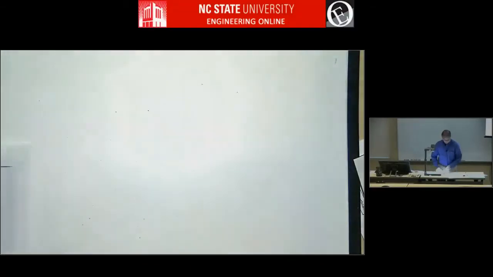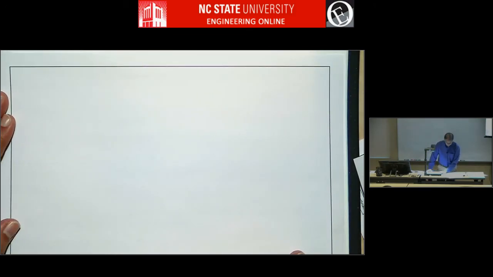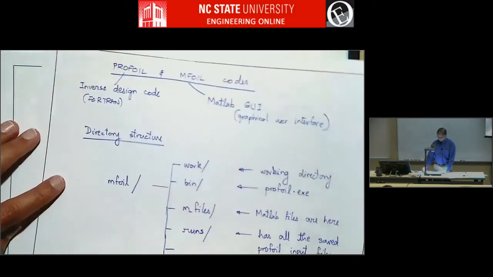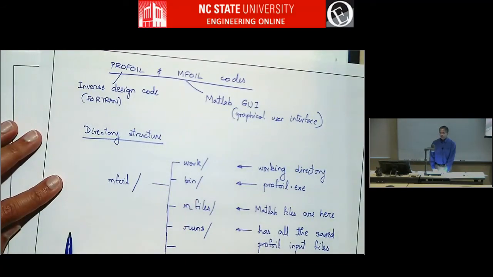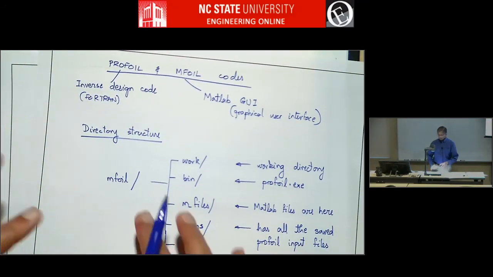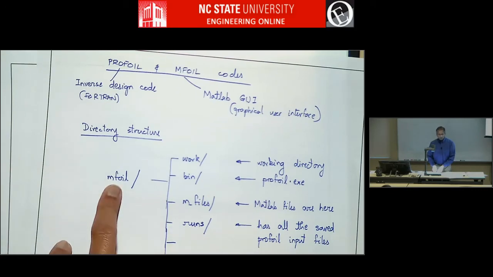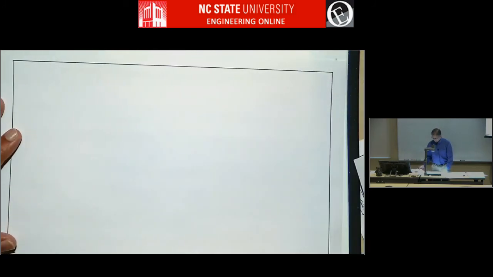So when you download this directory, you will have this directory called mfoil, the parent directory with all this structure, right? You can put this wherever you want in your own PC or laptop, but put it in a place where the upstream structure does not have a space in the name.